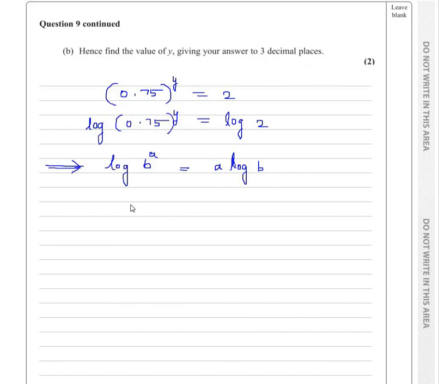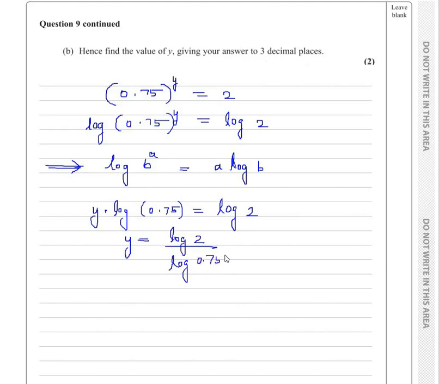So y jumps out and it could be written as y log of 0.75 equals log of 2. So there is a multiplication between the power and the logarithm. So we can write it as y equals log of 2 divided by log of 0.75.